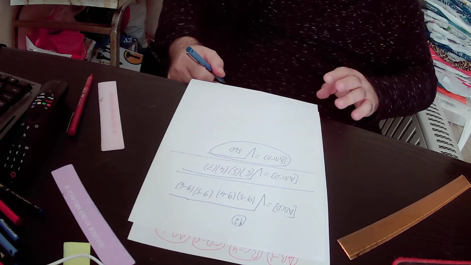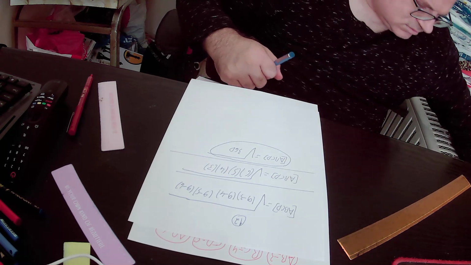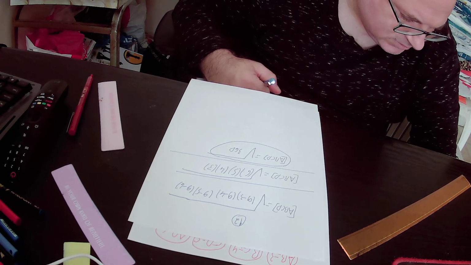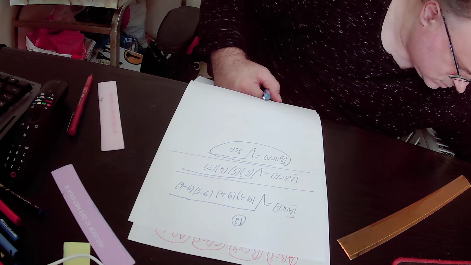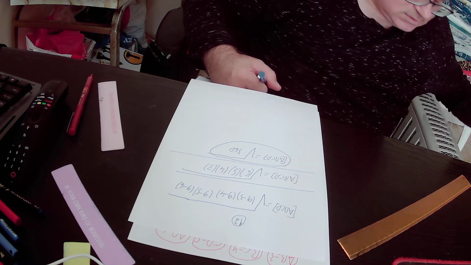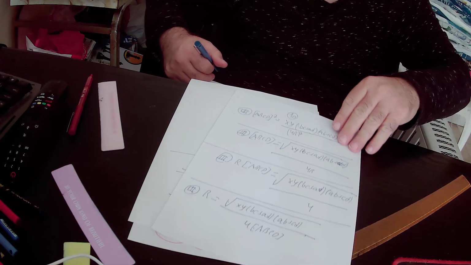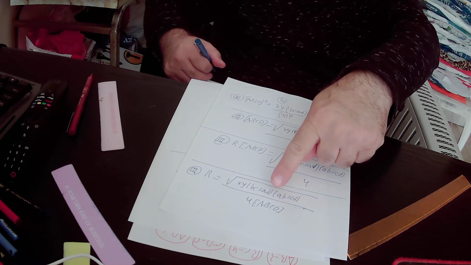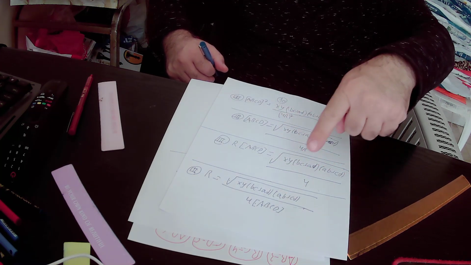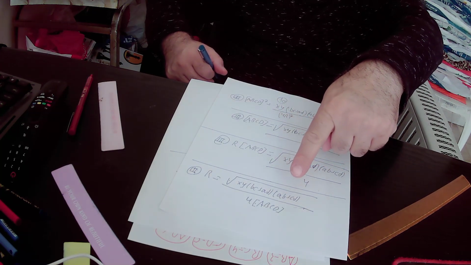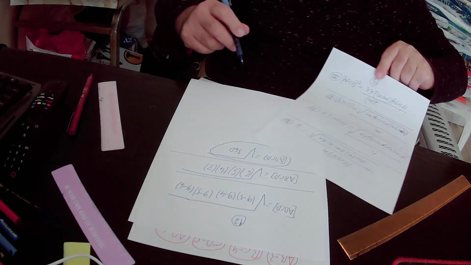Okay, so now we can substitute the area of quadrilateral ABCD here by the root of 360 that we found here.